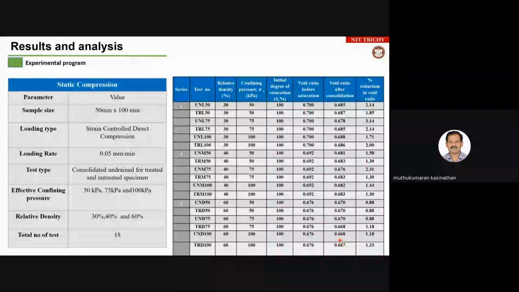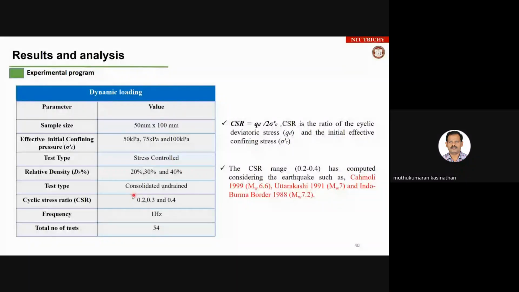And with respect to the classical way of approaching this particular problem in the fracture test, we have calculated, we have taken this selection resembling the Bhuj, Uttarkashi, and Indo-Burma earthquakes.